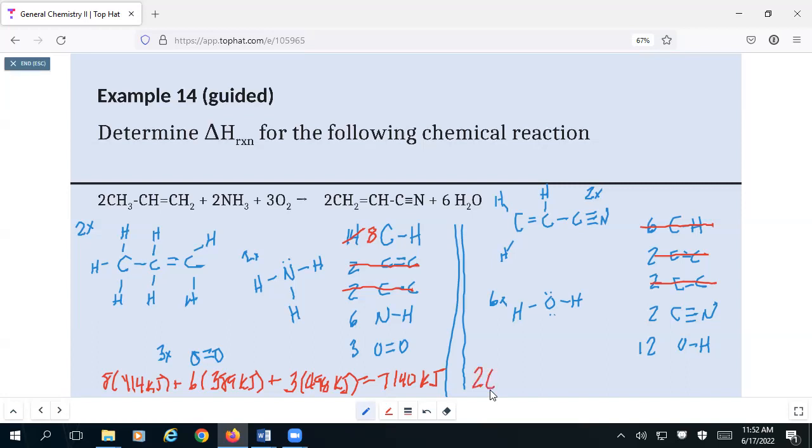I get 2 nitrile groups, carbon to nitrogen triple bond is 891, and 12 hydroxyl groups, OH is 464. Two times 891 plus 12 times 464 is 7,350.